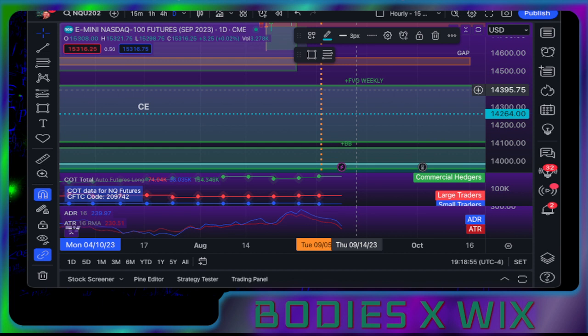If you know anything about smart money, you do know that the imbalances will take precedent over any kind of blocks, breaker blocks, order blocks, anything like that. So the gaps are what price is attracted to. Why? Because price has to balance out. And that's what these fair value gaps are for. It just means that there's a huge imbalance in price, and so therefore it needs to balance out.